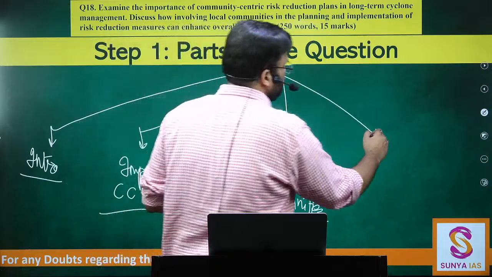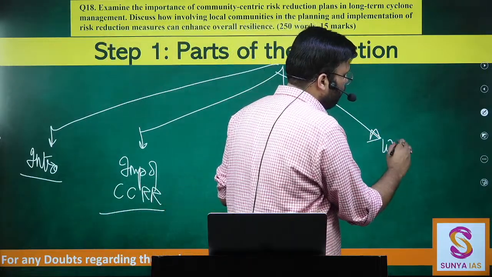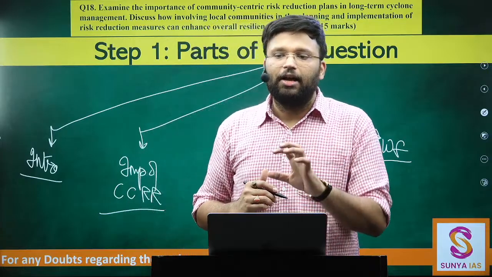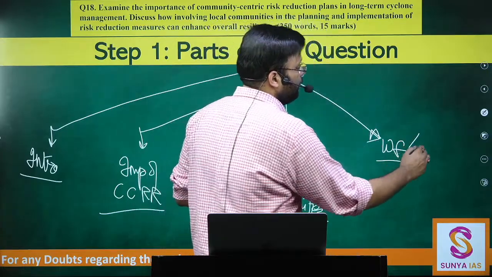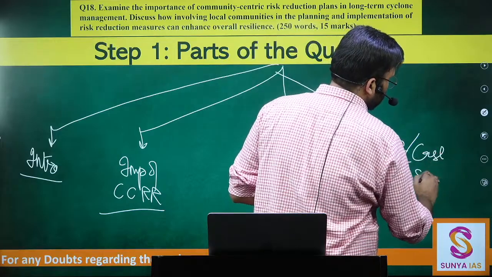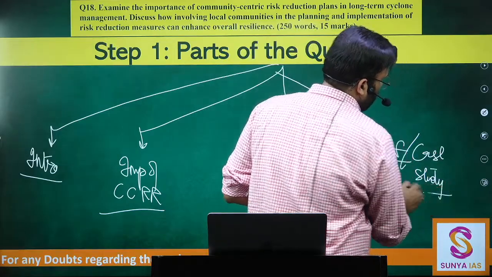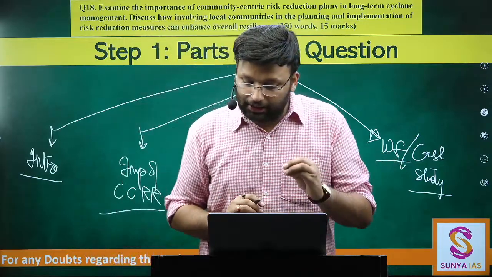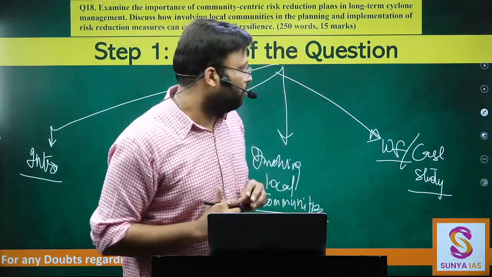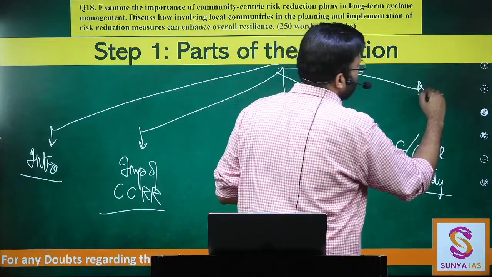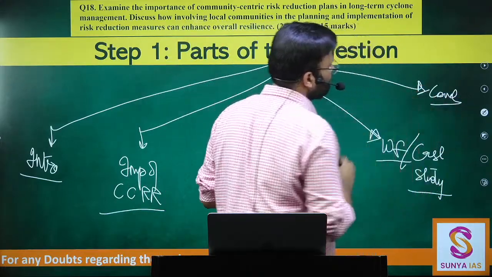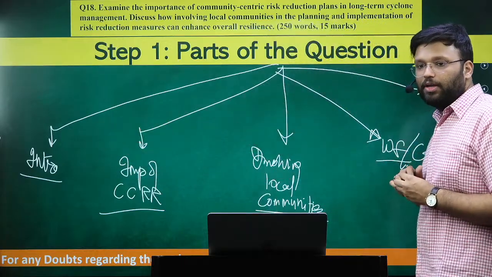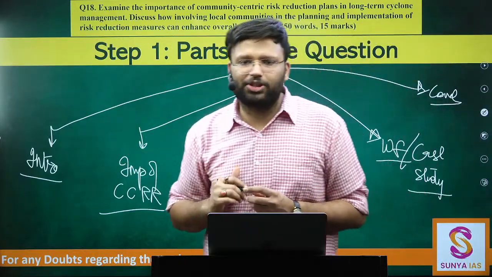After that, you might give a way forward, but since you have not been given any kind of challenges, the way forward can be based on any kind of case study, which gives a vision of the best practice that is available in cyclone management, and then we will conclude. So this is going to be the structure, and the structure is clearly visible in the question also.